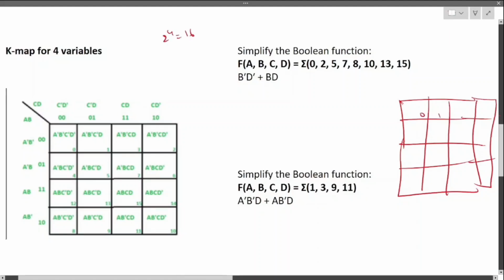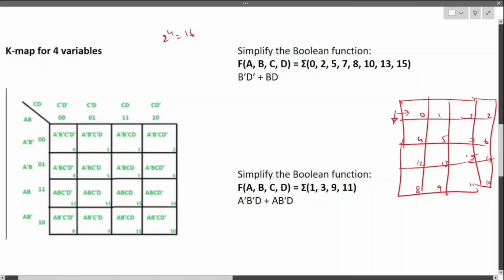Directly you need to write 0, 1, 2, 3, 4, 5, 6, 7, 8, 9, 10, 11, 12, 13, 14, 15, following the KMap order. The same thing you can see here.